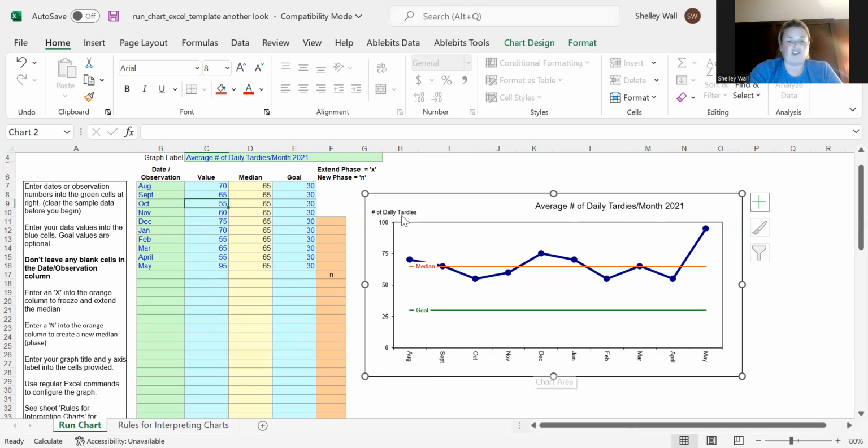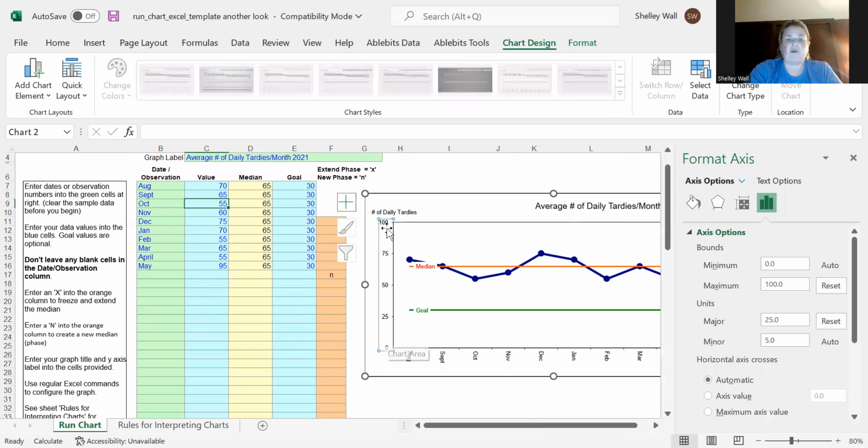When I created this chart initially, it had labels all the way from 0 to 100, counting by tens. And what that did was create entirely too much white space in the chart. So I went through and formatted the axis, and I changed my maximum. Well, I left my maximum at 100.